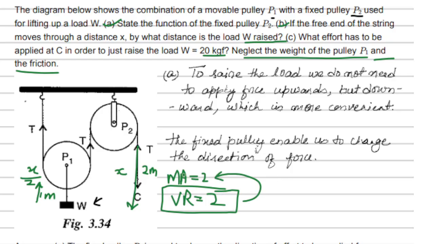So think about mechanical advantage as if it is 2 times, what does that mean? It means you just need to put half the effort. So if you want to pull up this much, 20 kgf, just half of the force if you give it here, it will be raised. So we just need 1 by 2 times 20 kgf, that is 10 kgf effort we need to put to pull up this much load.